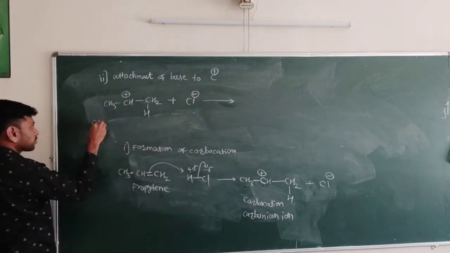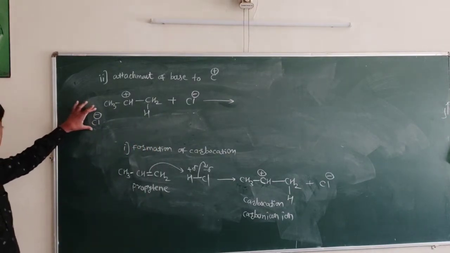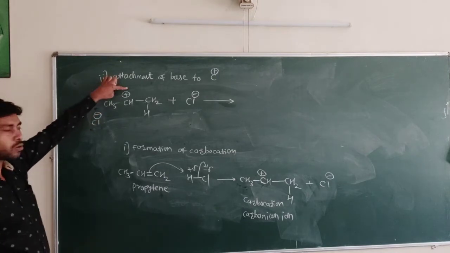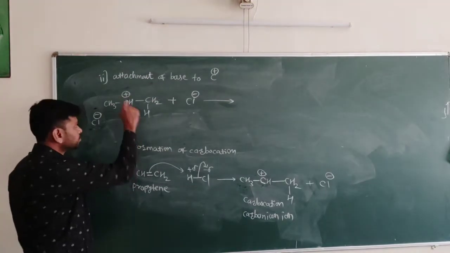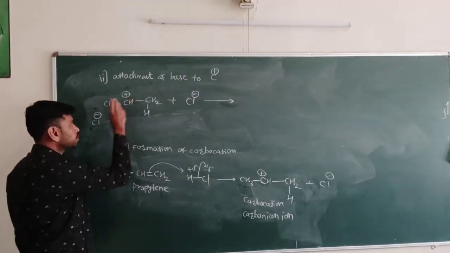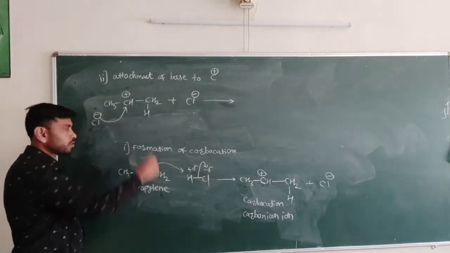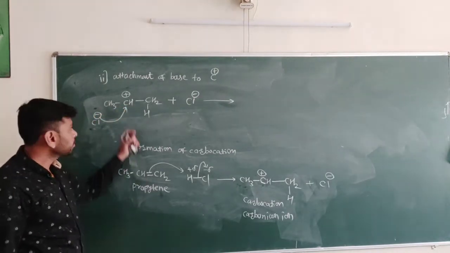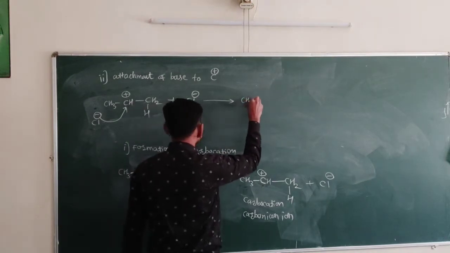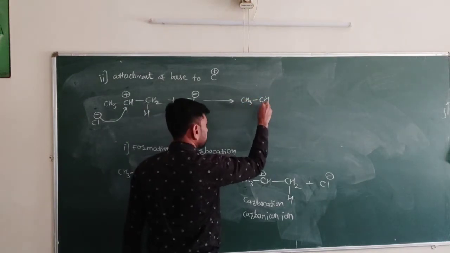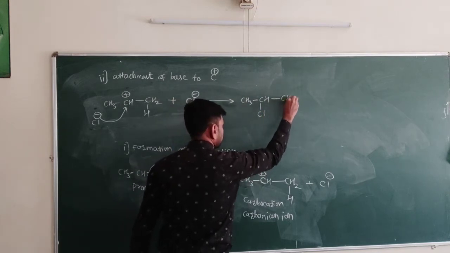This base is a negatively charged species, so it is an electron-rich source, and the carbocation is an electron-deficient species. So this electron-rich species attacks the electron-deficient species, and bond formation takes place. So CH3CH with the attachment of Cl and CH3.